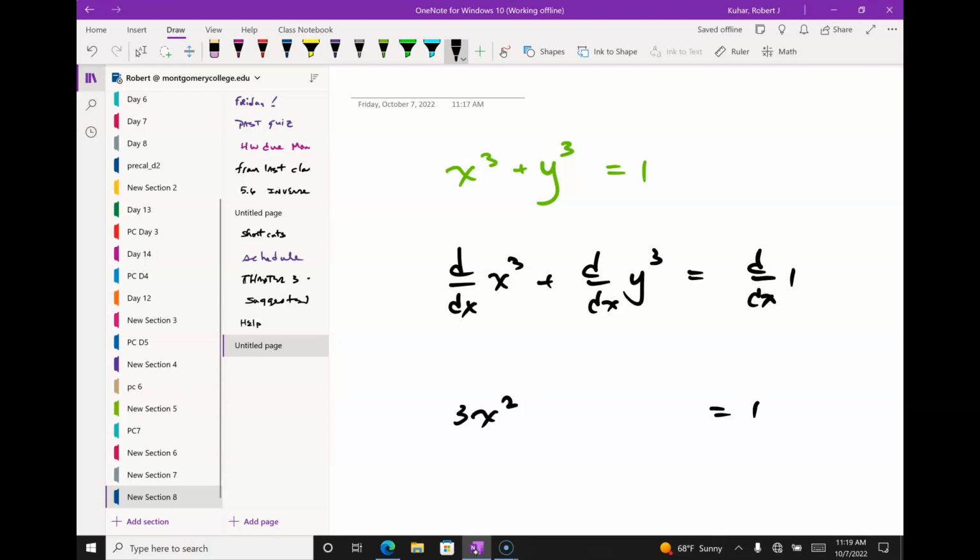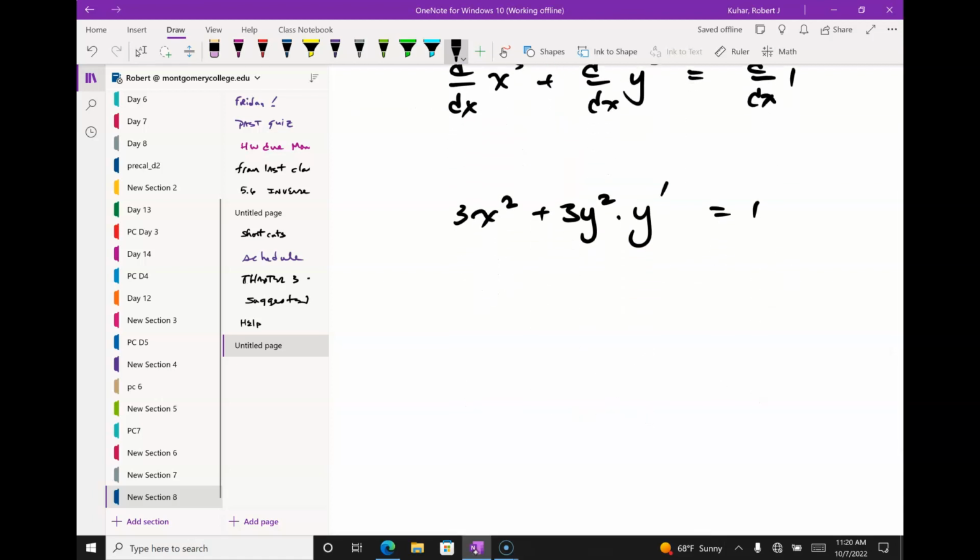And what about the y cubed? It's 3y squared, but the inside is not x. The inside is y, so the derivative is y prime. And this one's not too bad to solve for y prime, right? I get what? 1 minus 3x squared over 3y squared, right?